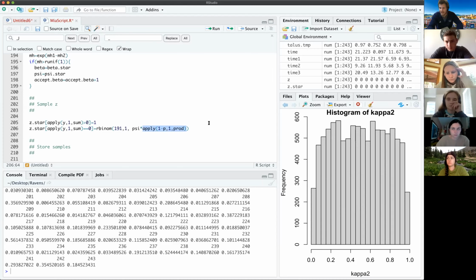So we're going to simulate a lot of zeros when our detection probability is high. Likewise, when our detection probability is low, we're going to simulate more ones. And for a z to be simulated as 1, it also has to be there, and the probability that it's there is psi.